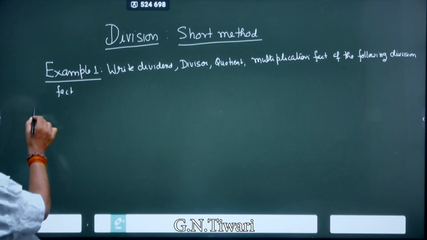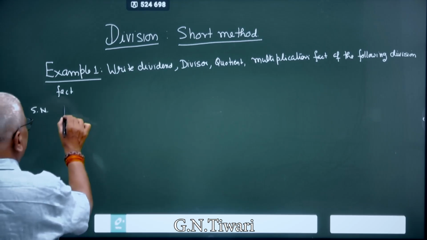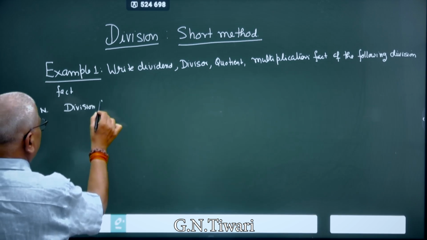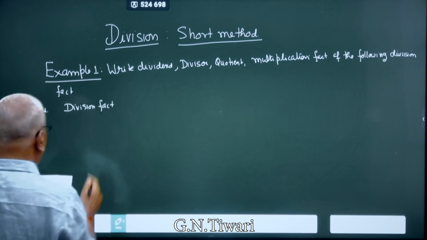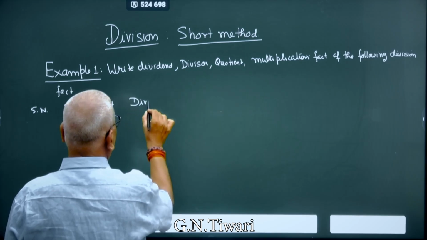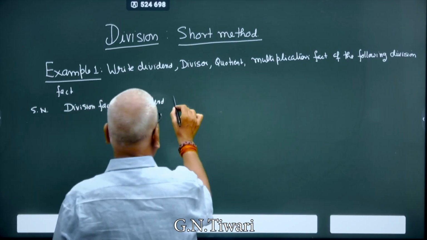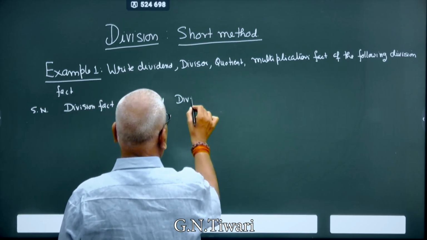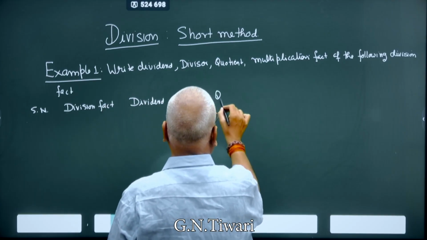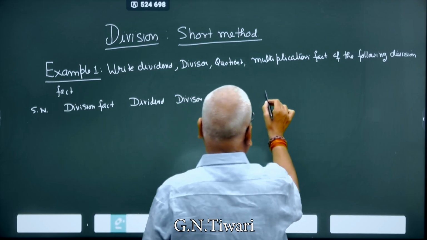Here I am writing serial number, then I am writing division fact, and out of division facts, one has to write dividend, then divisor, then quotient, and multiplication fact.